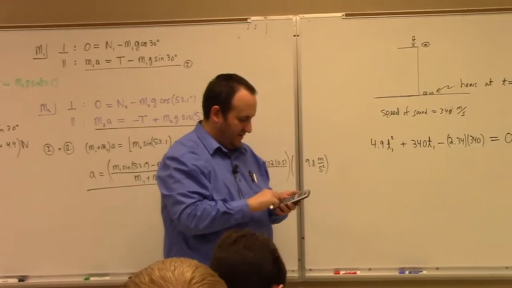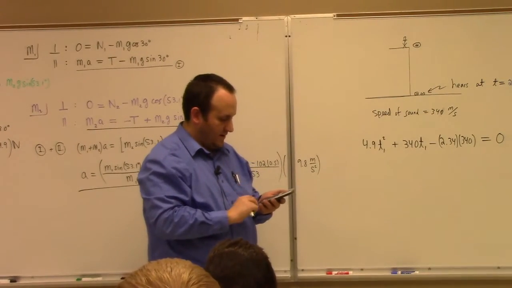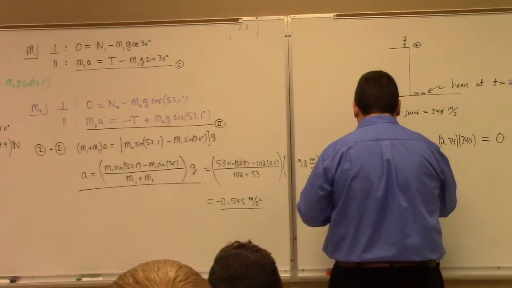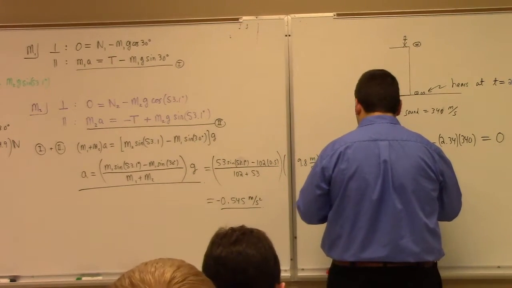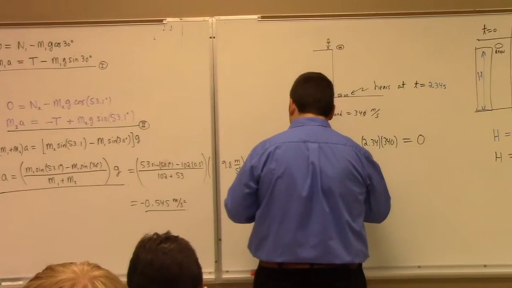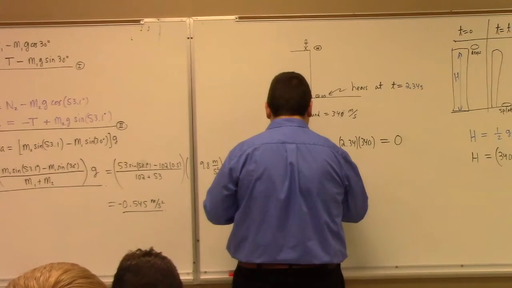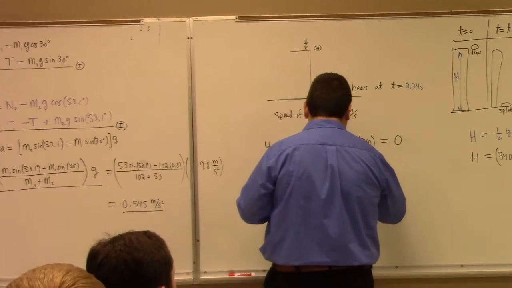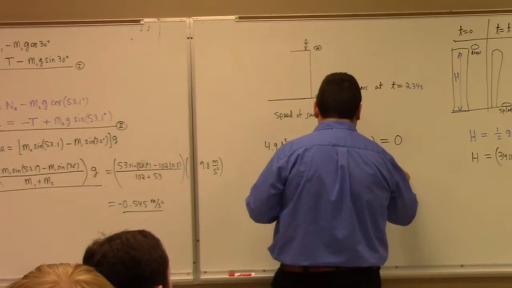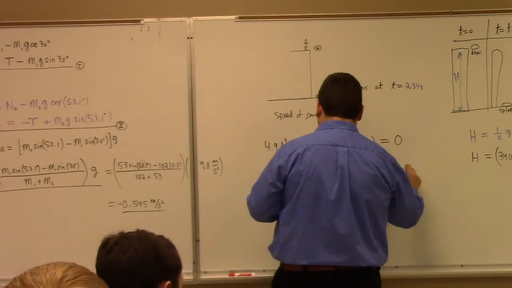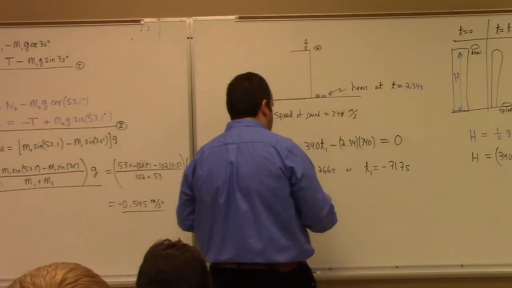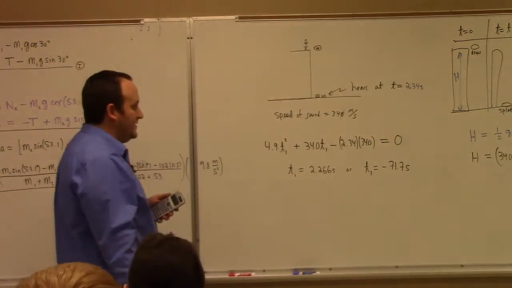Minus 795.6. All right. And so from the quadratic equation, we get T1 is equal to either 2.266 seconds, or T1 is equal to minus 71.6, well, 7 seconds. One of these solutions, of course, is extraneous.